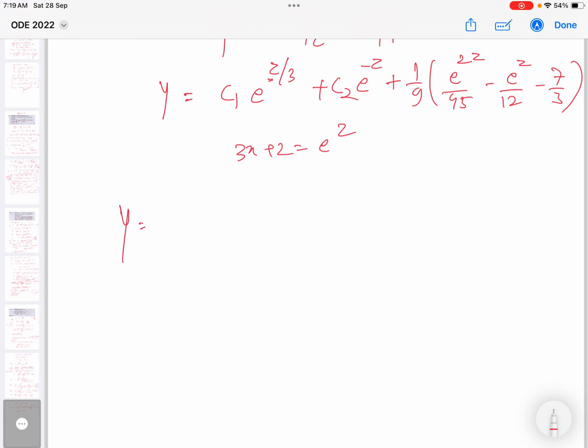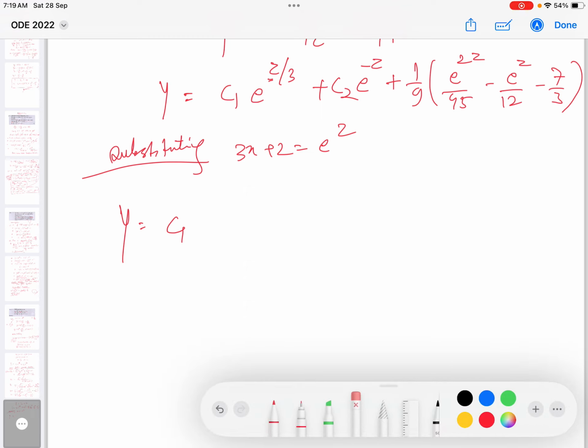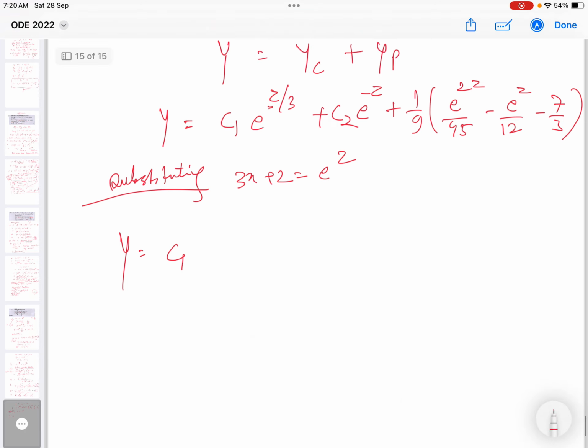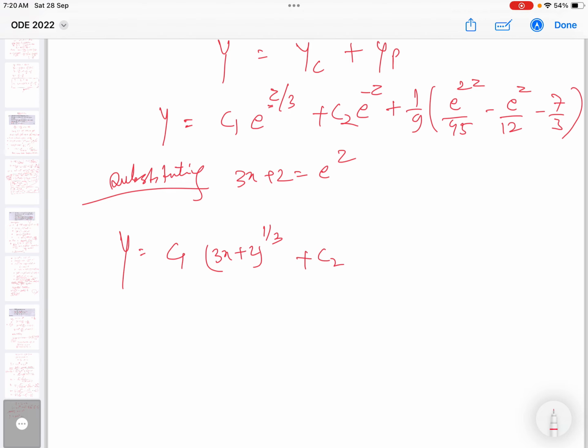So substituting, C1 times (3x plus 2) raised to the power 1 by 3, plus C2 times (3x plus 2) to the power minus 1, plus (3x plus 2) whole square by 45, minus (3x plus 2) by 12, minus 7 by 3.